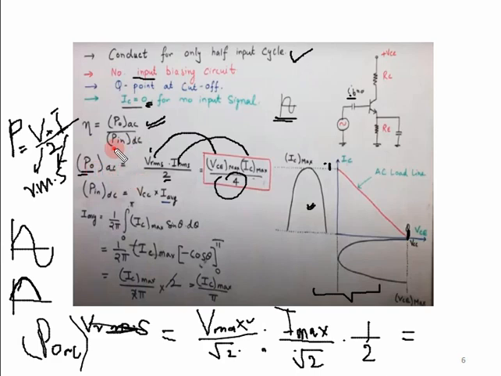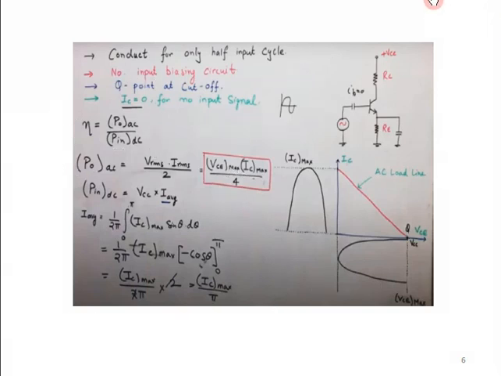Now what about the input power? I can remove this all. The input power, which is the DC: how much input power is drawn from the VC supply, which is VCC?